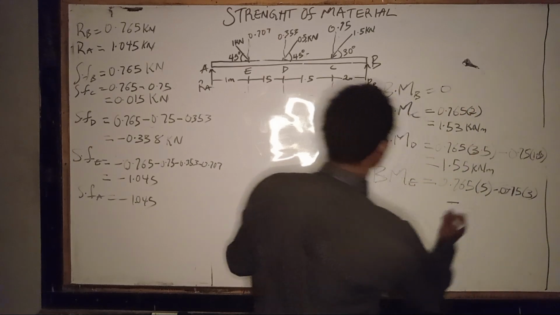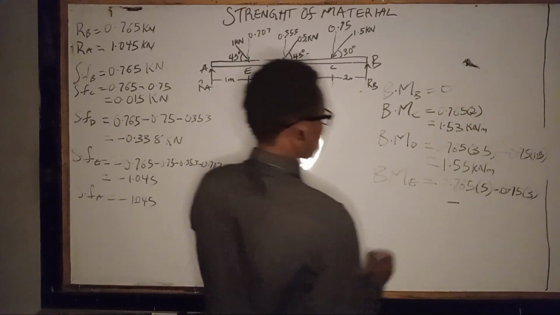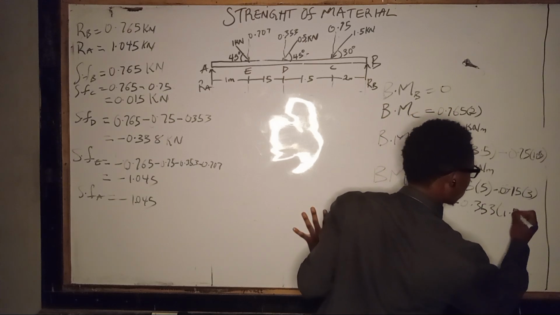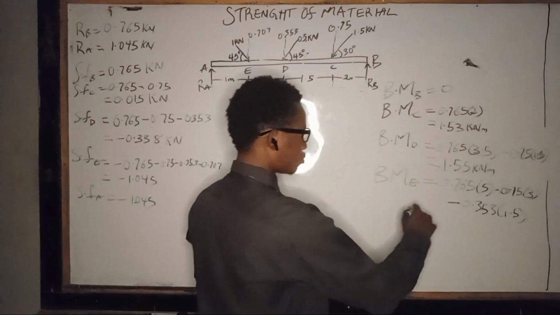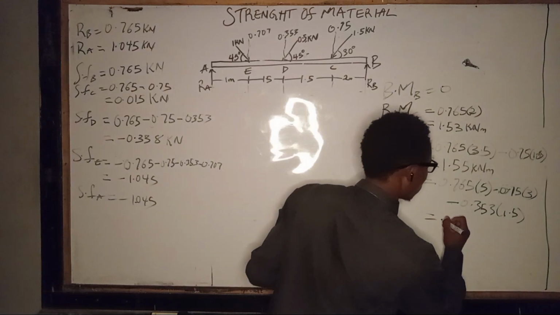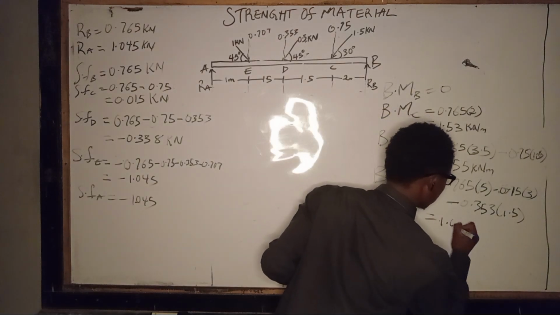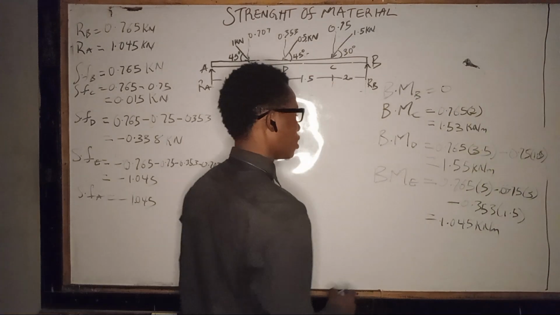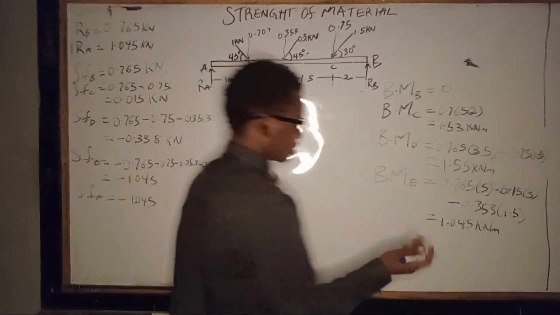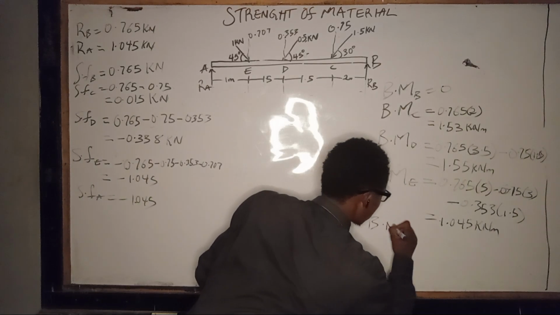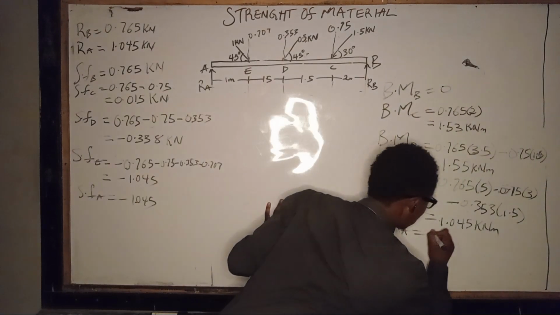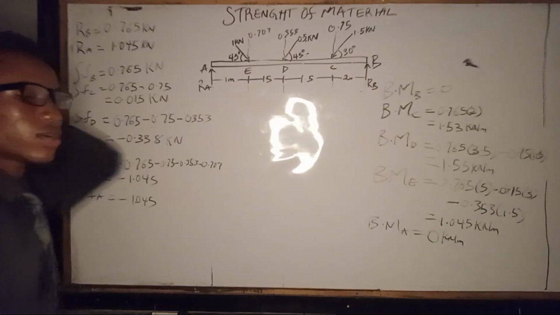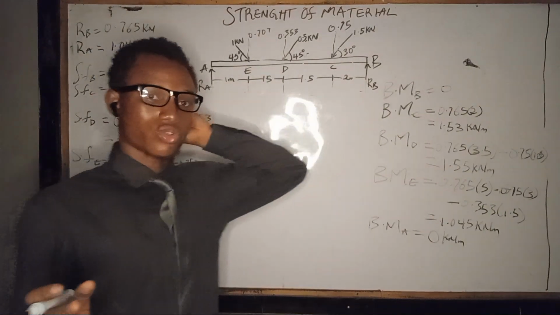Then we have minus 0.353 times 1.5. So if we do everything together, we are going to get 1.045 kilonewton meter. And then our bending moment at the edge is 0. So we have our bending moment at A equal to 0 kilonewton meter. So that will be our bending moment and our shearing forces calculation right here.